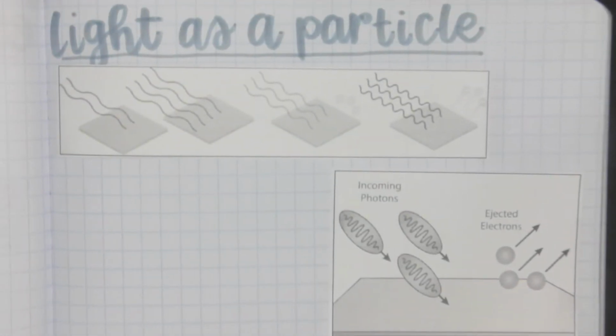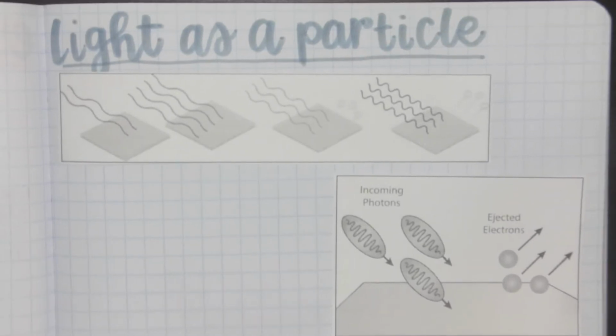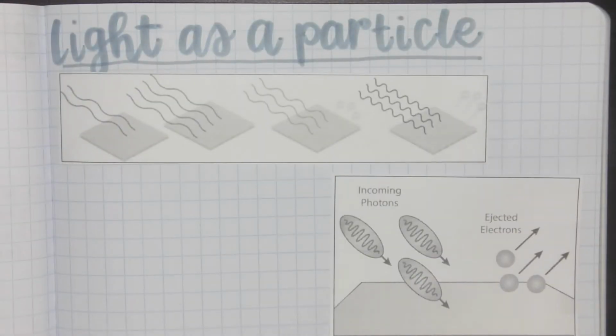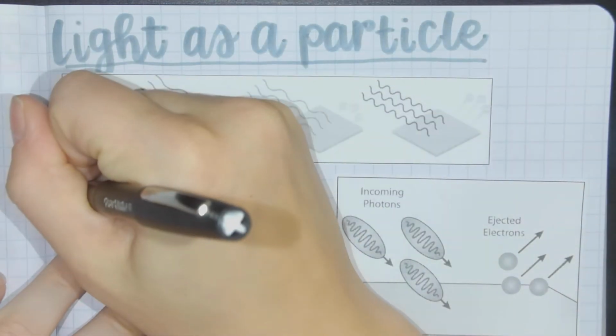So the first one, light as a particle. The scientist who found evidence of light as a particle was actually Albert Einstein. So let me write that over here.